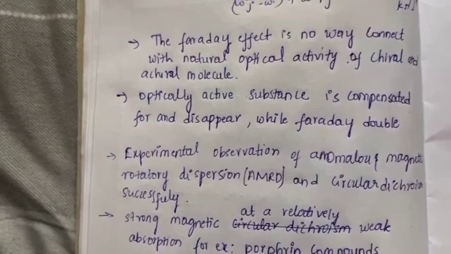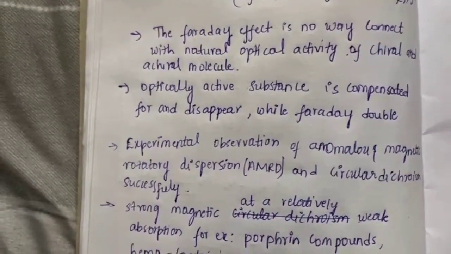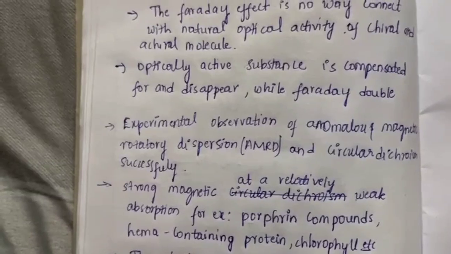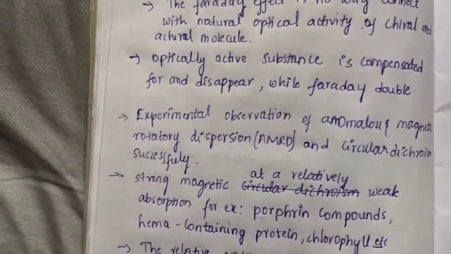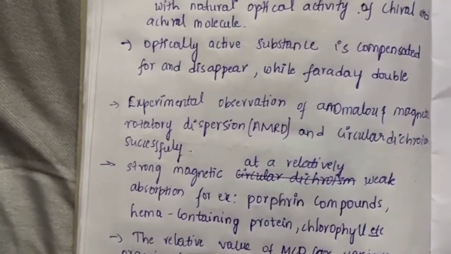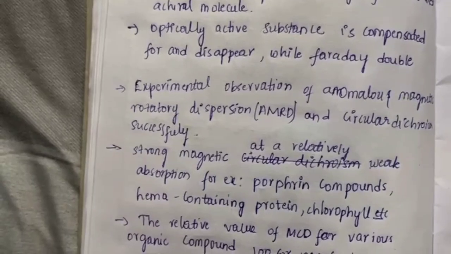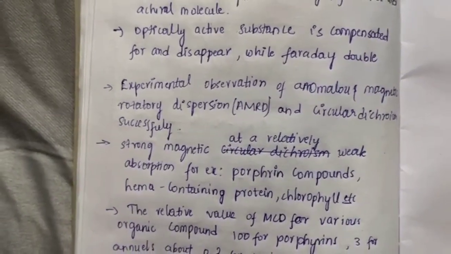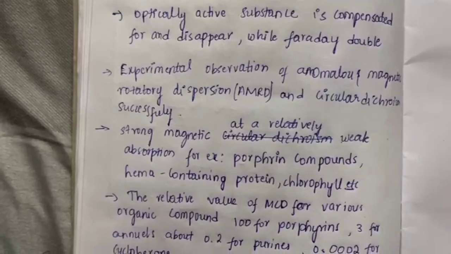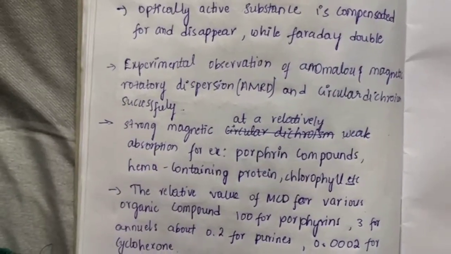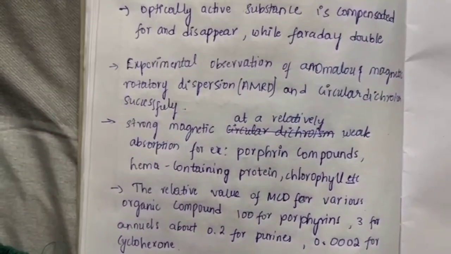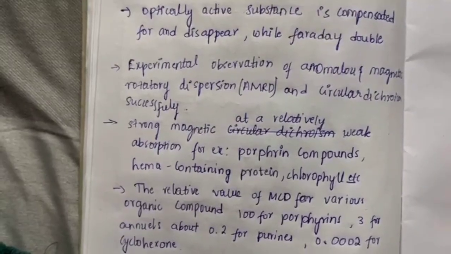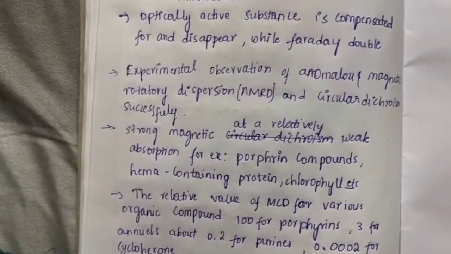Strong magnetic effects appear at relatively weak absorption, for example porphyrin compounds, heme-containing proteins, chlorophyll, etc. The relative value of MCD for various organic compounds: 100 for polyenes, 3 for anilines, about 0.2 for purines, and 0.002 for cyclohexanes.